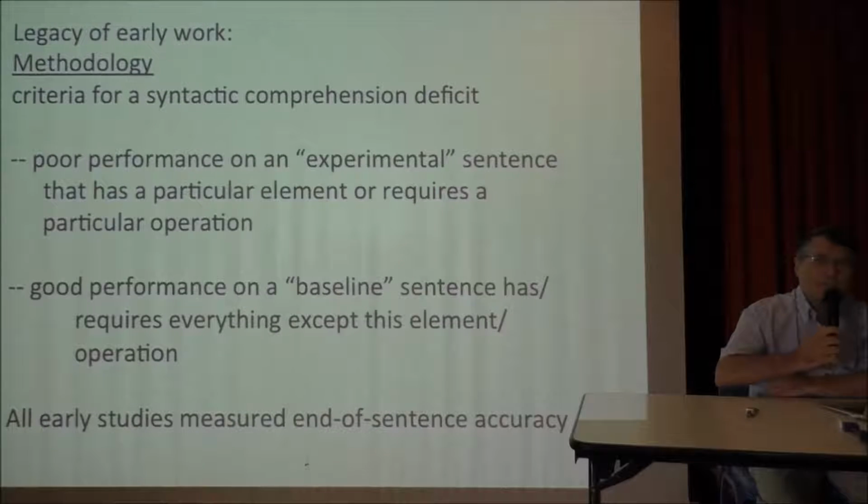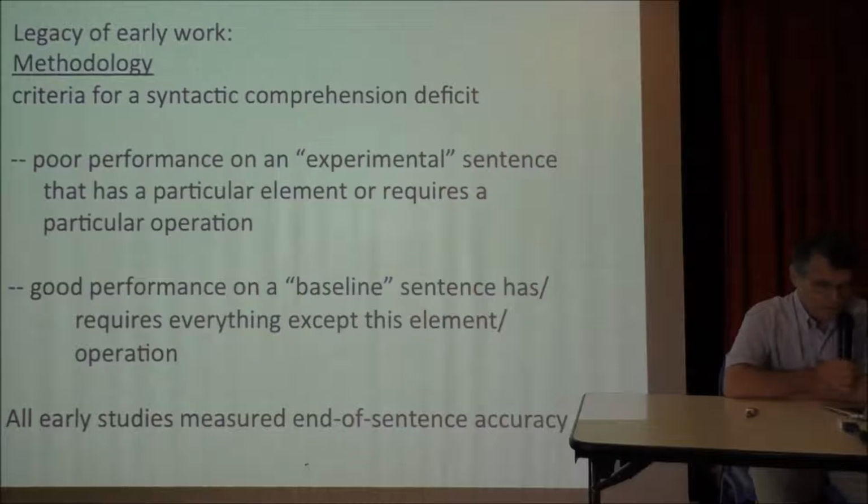Okay. What's the legacy of this early work? Well, in my view, the biggest legacy is methodological. It has to do with the criteria for identifying a deficit in syntactically based comprehension.